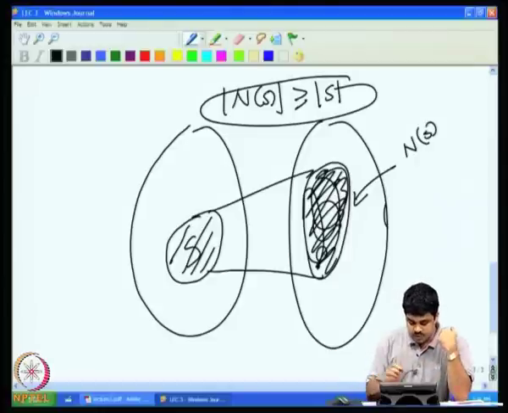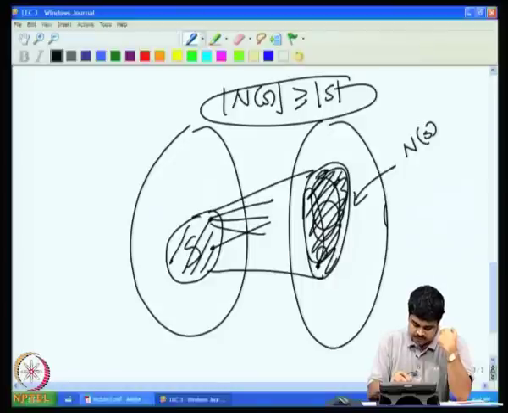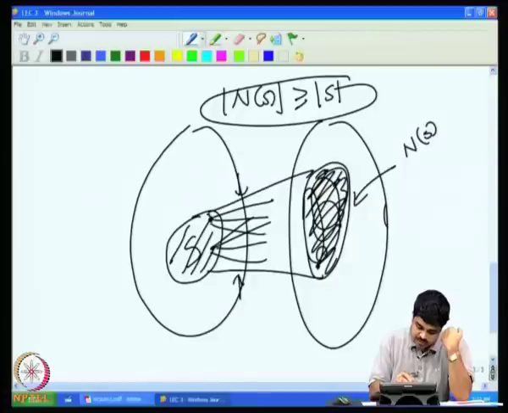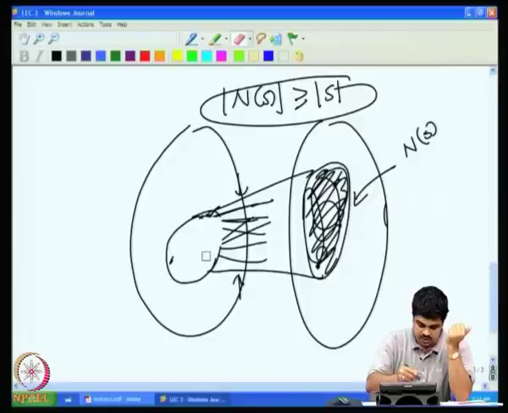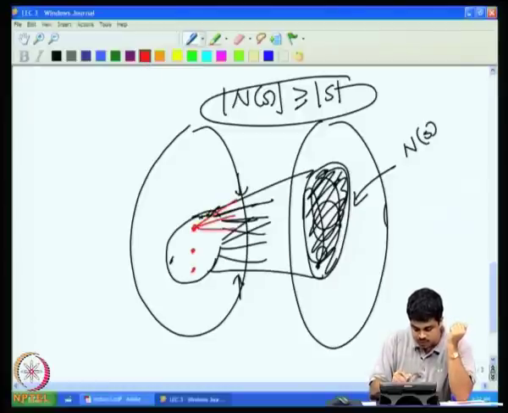To show this, the technique is to count the number of edges that go out of S. That means we ask how many edges have one endpoint in S. Naturally, this can be easily counted. We ask how many edges are going out of this vertex from S, and then another vertex we take.